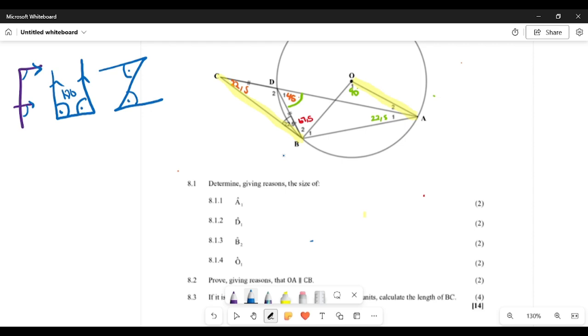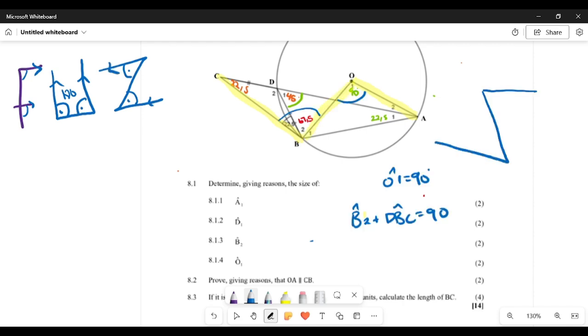So O1 is 90 degrees, and B2 plus angle DBC is also equal to 90, right? I have this Z shape here, so this is 90 as well as these two angles added together are 90. And as a result, this simply means that these two lines are going to be parallel to one another, right? So therefore, CB is going to be parallel to OA, right?